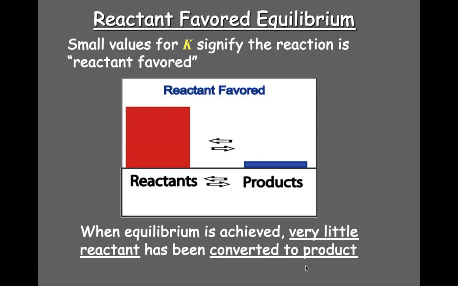So, from a graphical or pictorial standpoint, we have way more reactants than products. So, here's our way of saying that it's dividing by a big number. So, my reaction has to be reactant favored and have an equilibrium constant or law of mass action less than 1.